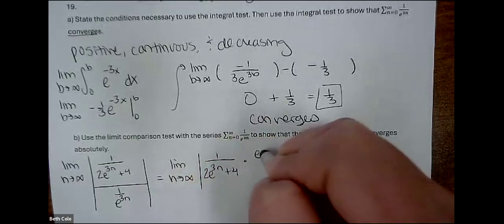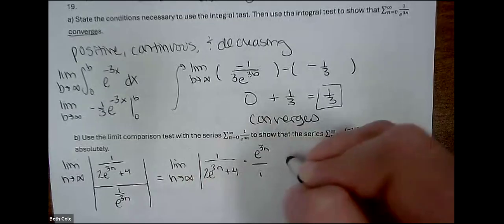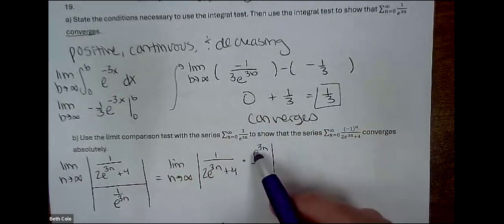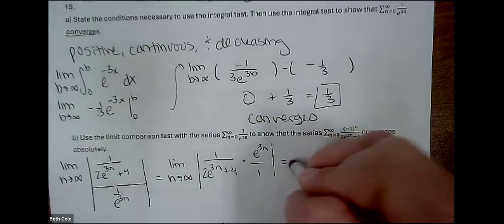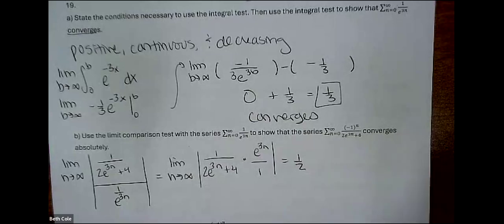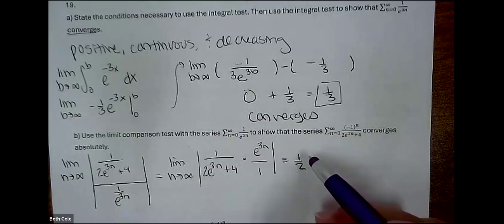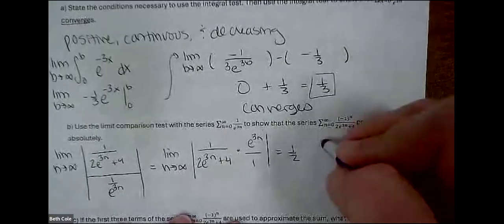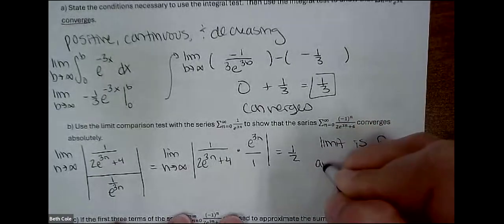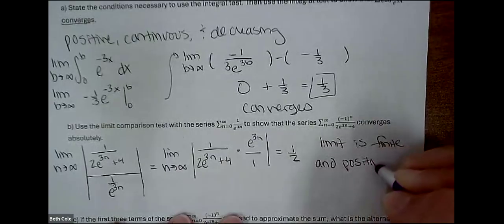So we're going to multiply by the reciprocal. This is e to the 3n, this is e to the 3n, that's the same, so we're going to use the coefficients, and it is going to come out to 1/2. If you did it the other way around, it would come out to 2. The point is we got a limit that is finite and positive. So we're going to say limit is finite and positive.